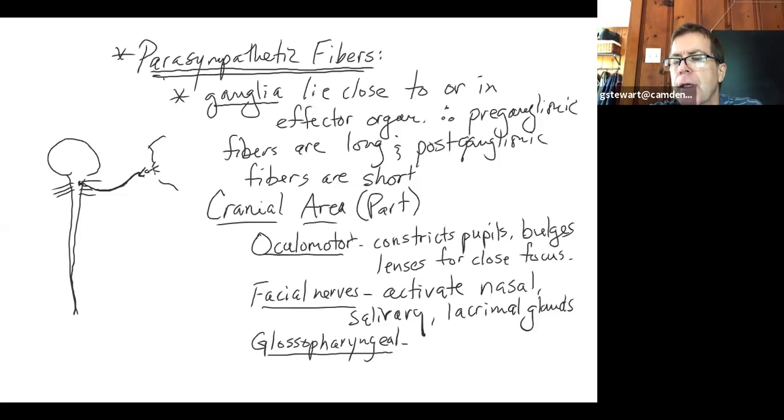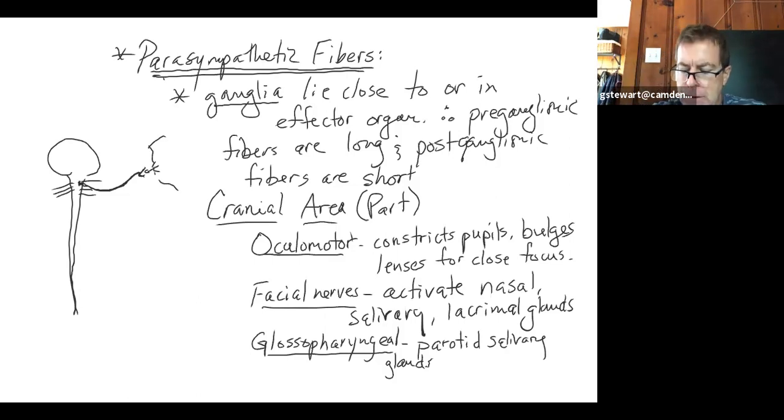These specifically innervate what are called the parotid, P-A-R-O-T-I-D, salivary glands. Those are the glands that are located right at the turn of your mandible, sort of right in front of and just below your ears.